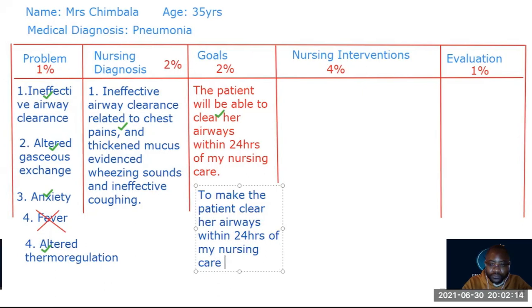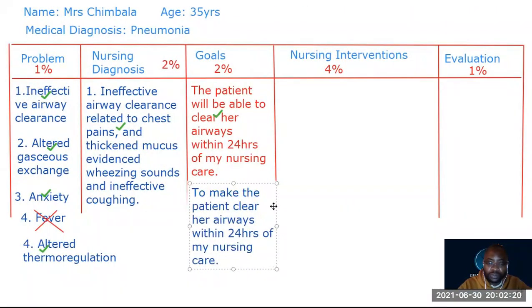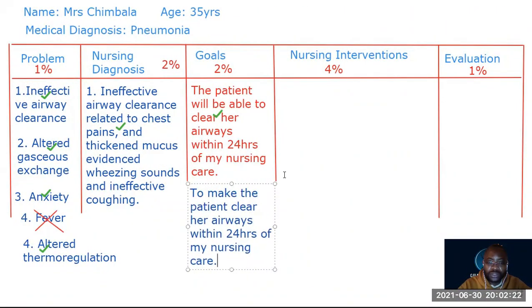Now, I want you to notice the difference between these two statements. The first statement, the patient will be able to clear her airways within 24 hours of my nursing care, is focusing on the patient's outcome, what you want your patient to acquire at the end of your intervention.